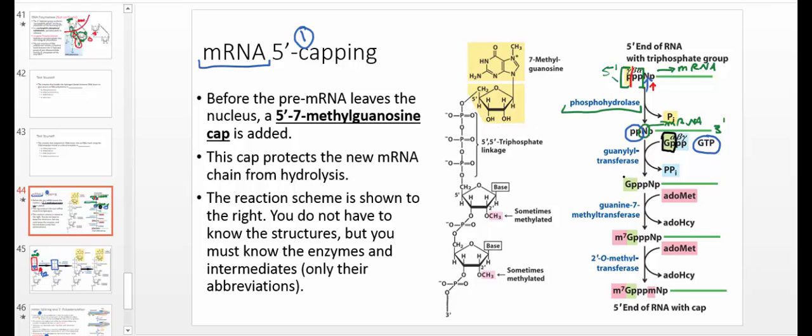So what we have here is we now have attached the GMP. This right here is guanosine monophosphate. We now attached that to these 2 phosphates right here. And then, of course, I still have, let me do this in green, the nucleotide right here, and the rest of this extends for the rest of the mRNA chain towards the 3' end. Okay, so I've attached a GMP onto this.